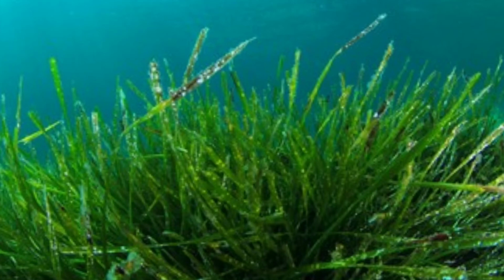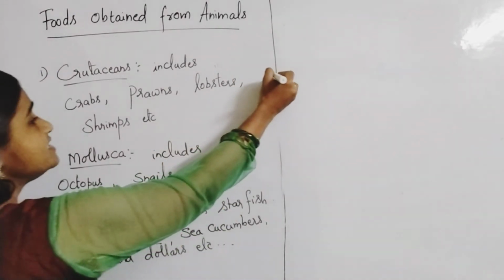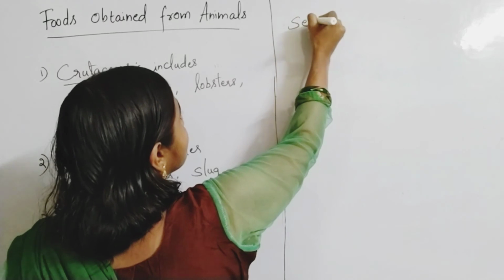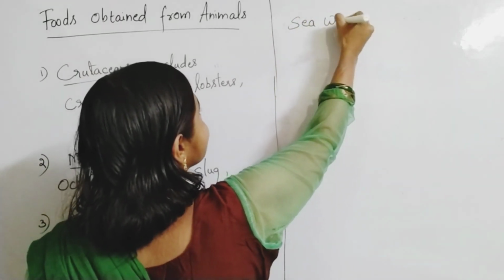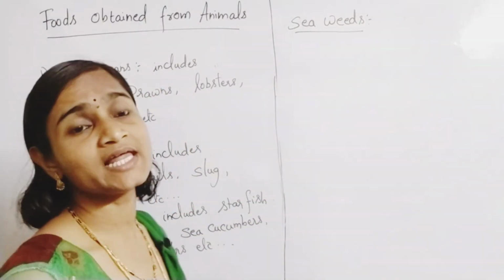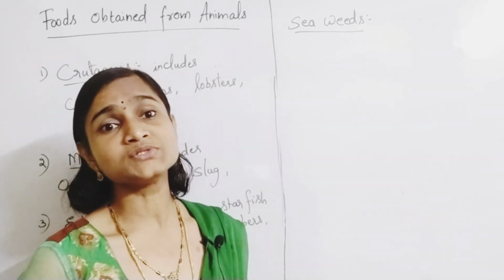Unwanted growth of certain plants is called weeds. Seaweeds are not animal sources but plant sources, but as I was telling you about seafoods, I am including this also.